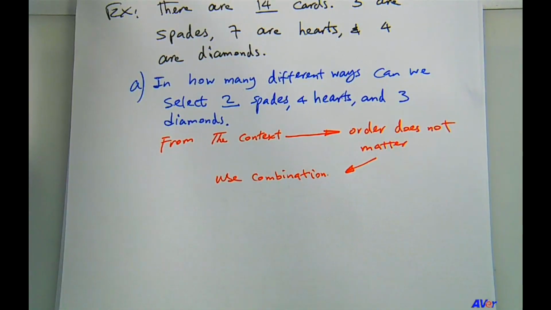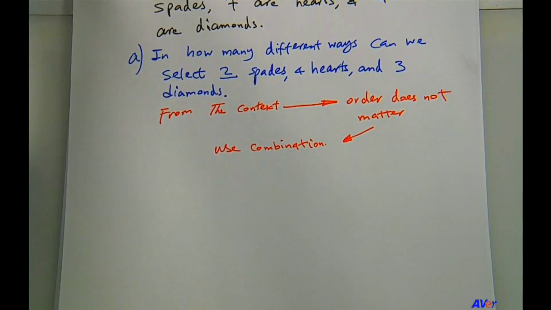So on an exam, problems of this type are mixed with problems of the permutation type. So you have to pay particular attention to whether order matters or not. That's the first thing you want to establish before you pick your methodology for solving the problem.